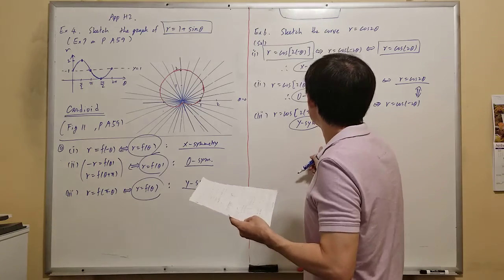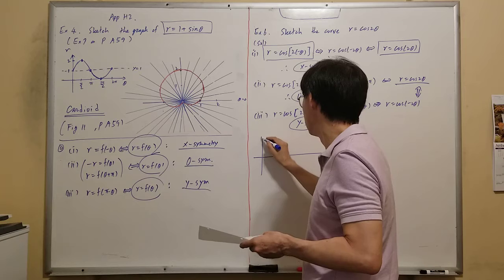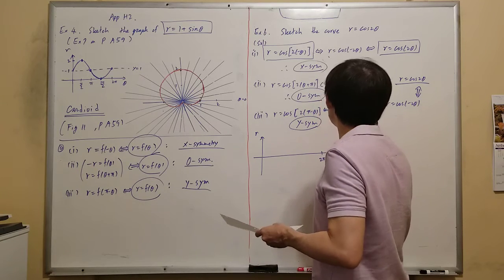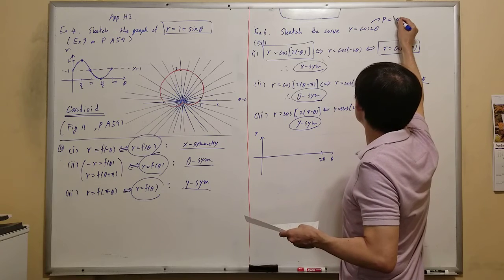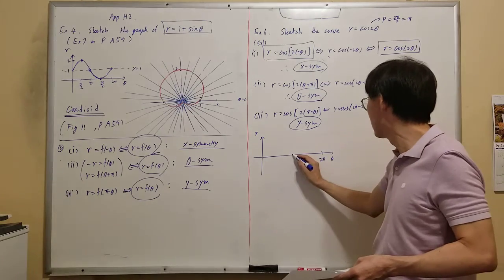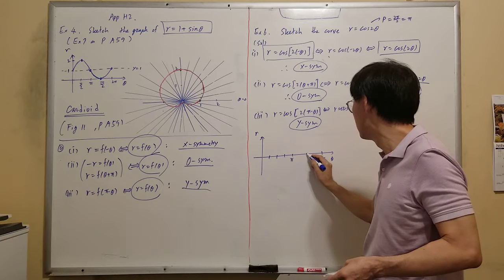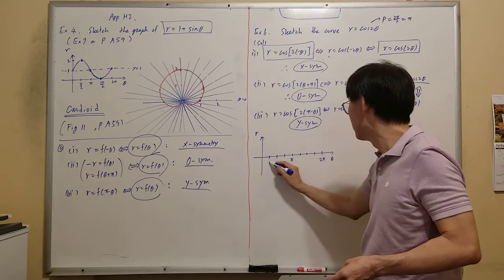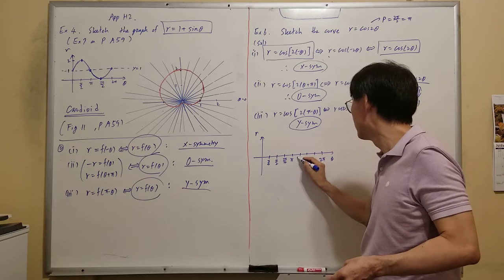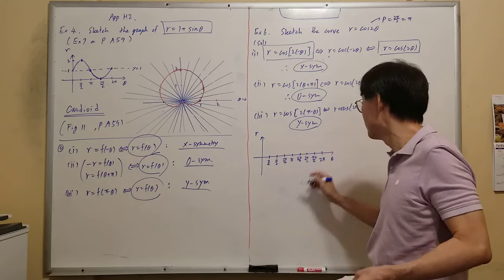So, using this, if I draw the graph r versus theta, this one has period 2 pi over 2, which is pi. So pi over 4, pi over 2, 3 pi over 4, 5 pi over 4, 3 pi over 2, 7 pi over 4.